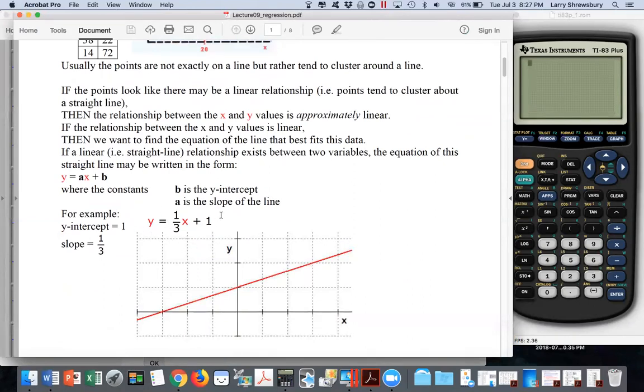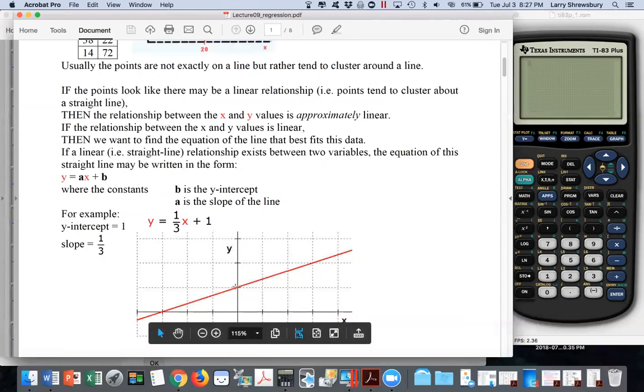And when it gives us that line, it gives it to us as an equation of a straight line. So this is something I know you've seen before if you have the prerequisites for this class, but y equals, and then you have some number in front of x. That number is the slope of the line. Then you have plus or minus some number, and that's the y-intercept.